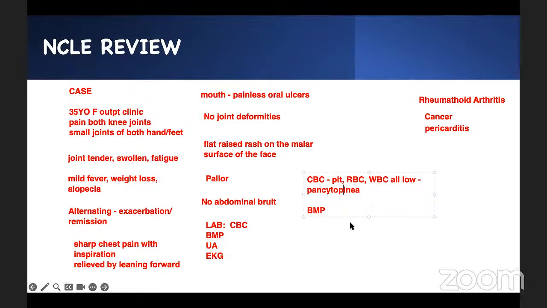You get a BMP, creatinine and BUN are elevated. Somebody says SLE, systemic lupus. So the creatinine and the BUN elevated, RBC, platelet, white cell all low. We have pancytopenia, right?